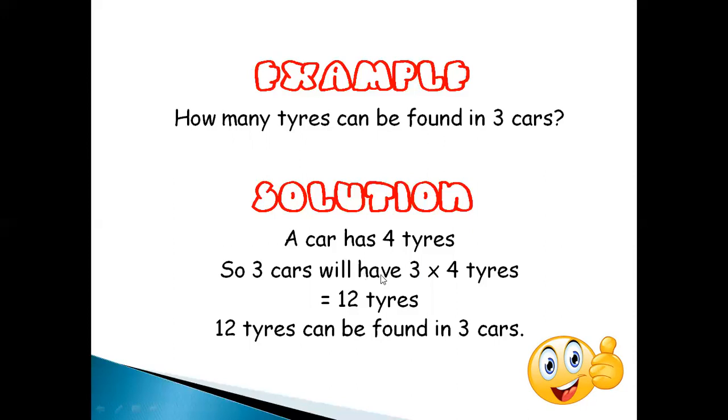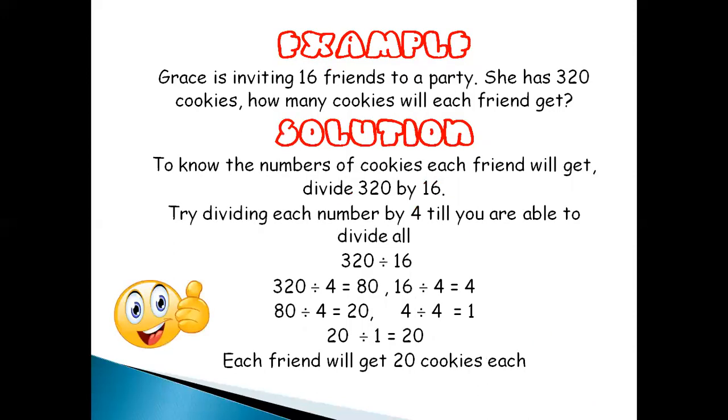So three cars will have three times four tires, which is equals to 12 tires. 12 tires can be found in three cars. You can see that this is relatable because we have cars around us, so we can apply this to things around us.